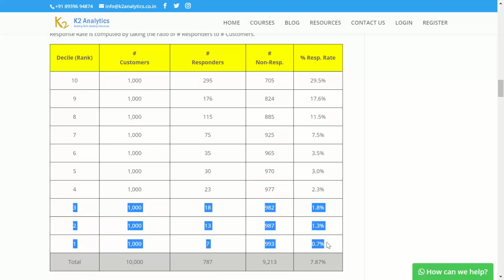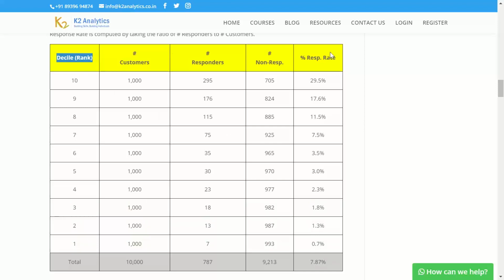Now if you compare the decile column and the response rate column, what you see is, in higher deciles I get a high response rate. As my decile goes down, my response is also falling. As the probability assigned by the model is lower, I observe, in fact, the response rate in that segment is lower.